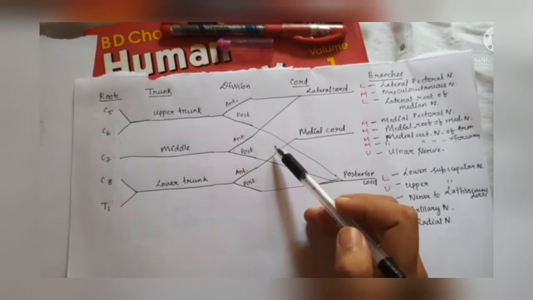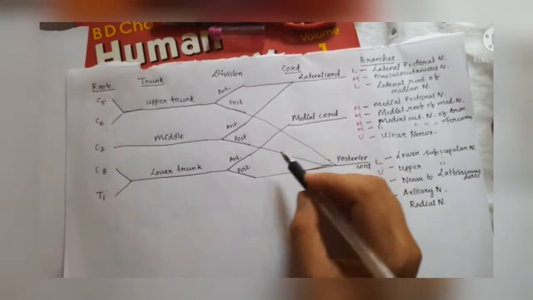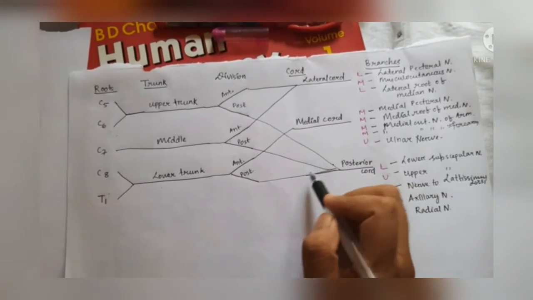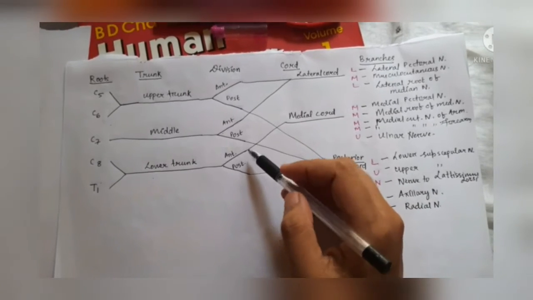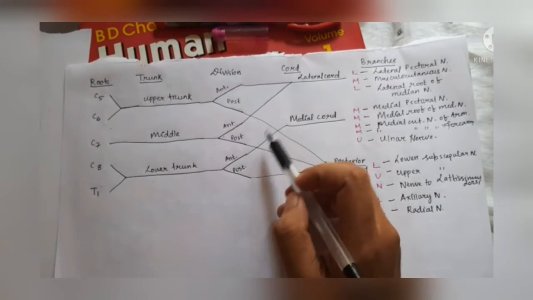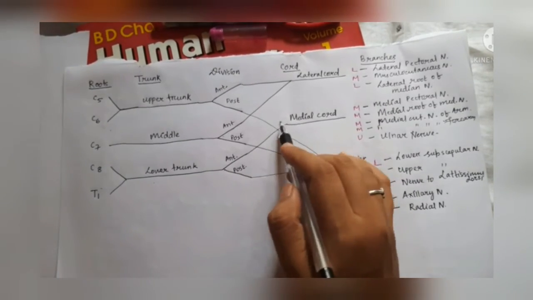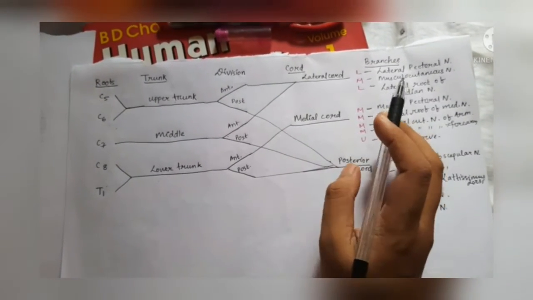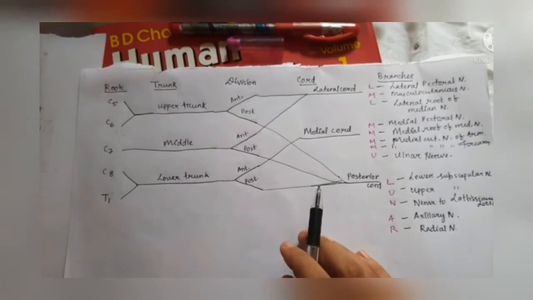Then the posterior divisions were a little bit inferior, so they together form the posterior cord, and the anterior division of the lower trunk alone formed the medial cord. So I think it will be easier for all of us now.